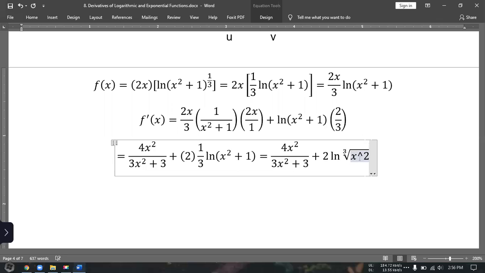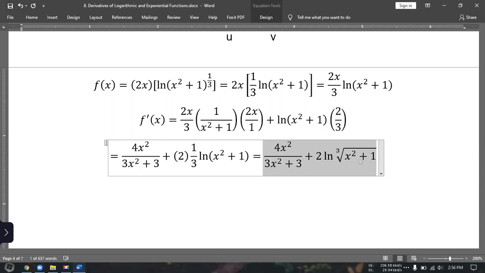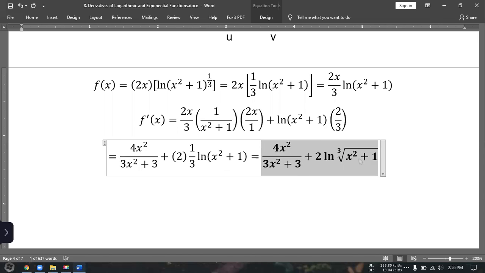They are the same. Different solution, different process, but the same final answer.